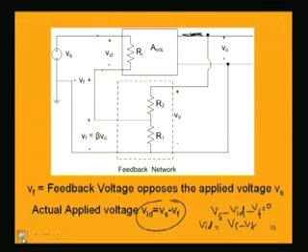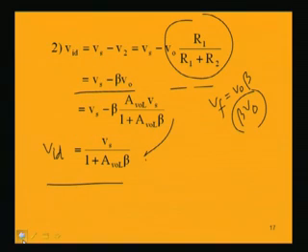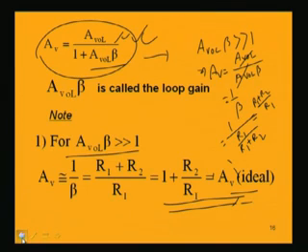Due to this negative feedback, the gain of the OpAmp, which was AVOL, is now AVOL by 1 plus AVOL beta. Of course, if AVOL beta is very high in comparison to 1, then we get the ideal non-inverting OpAmp gain, 1 plus R2 by R1.